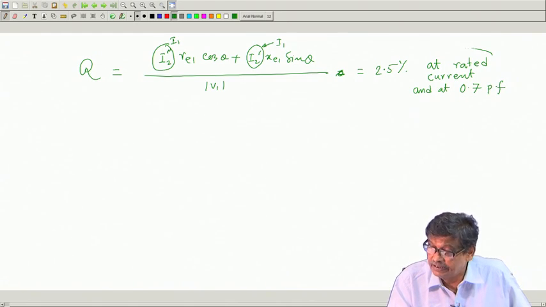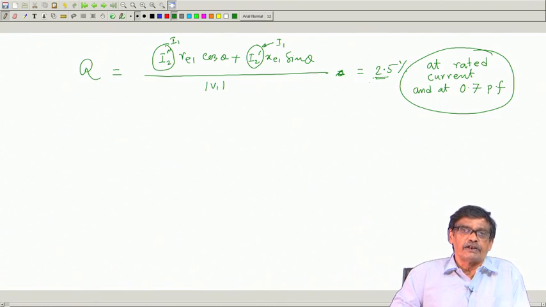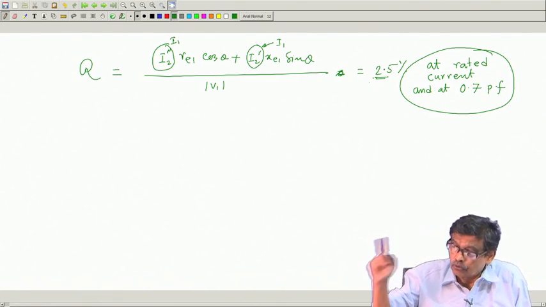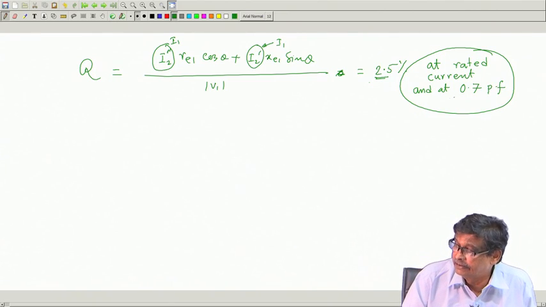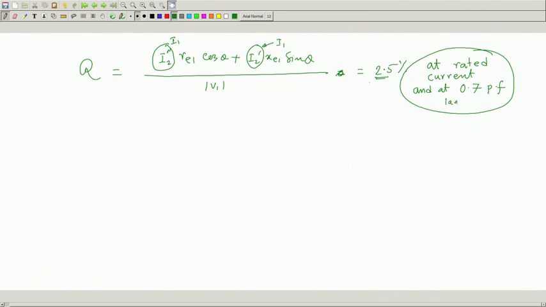I must specify these two things along with this number. You cannot simply say regulation is 5%. At what load current, and at what load power factor angle? So, this is at 0.7 power factor lag. You must specify this, then only it becomes complete.